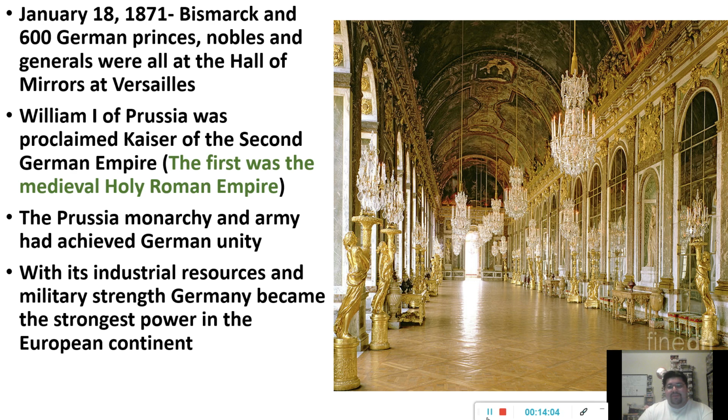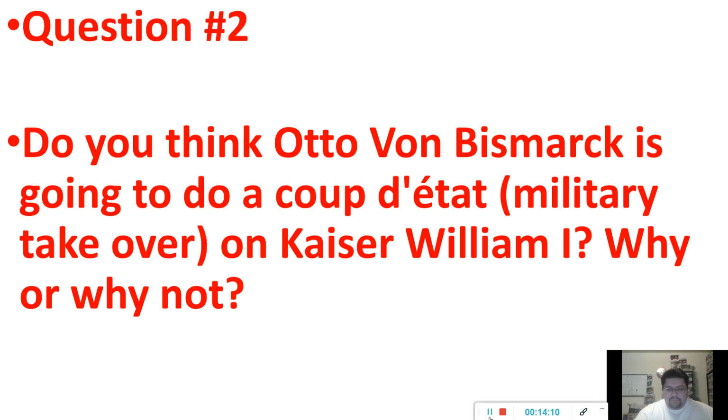All right, so here's my next question for you. Do you think Otto von Bismarck, the guy who basically started the whole fighting with Denmark and Austria and gained all that territory and money from France, he did it all, William the First didn't, he did. So, do you think he's going to stage a coup d'état where the military takes over?